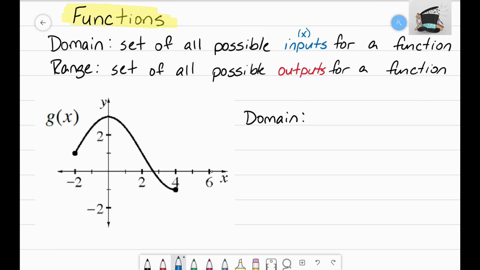All of these numbers to the right of 4 don't work. 4 is really the biggest that our inputs can be. Our inputs can't be any larger than 4 because the graph of g of x doesn't exist past 4. So 4 is kind of our stopping point if you want to think about it that way. It's the largest our x values could be.